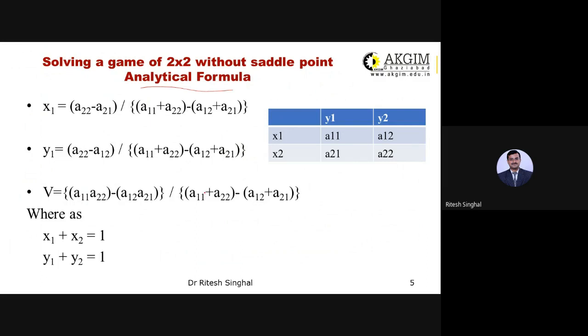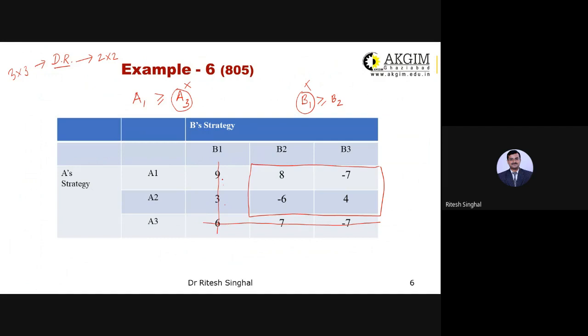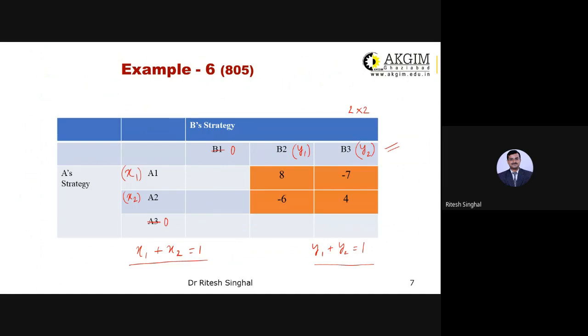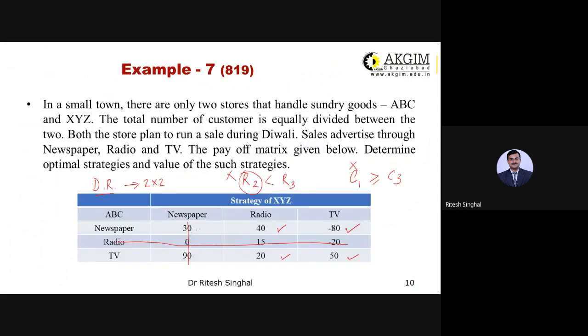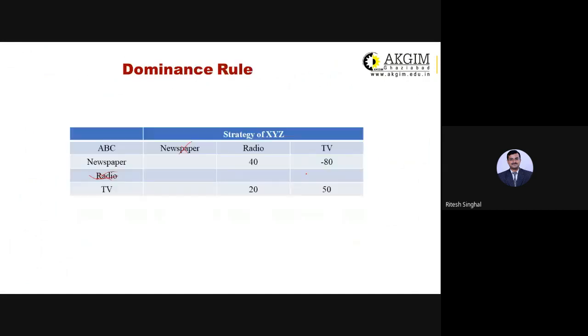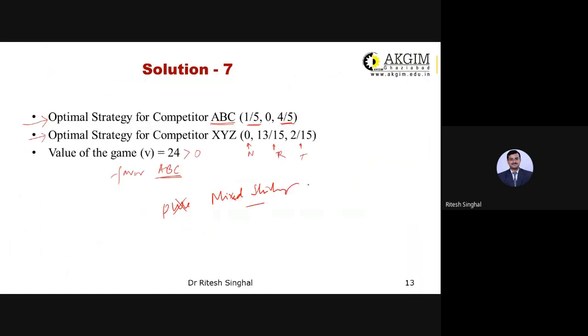Here we discussed 2 different examples which do not have a saddle point. I always advise you to please check for a saddle point before using the dominance rule. Again, I advise you to write the result in this sequence. We have taken another example of 2 brands of 2 stores and their strategies, and finally we got the results and advised both players with their optimal strategy.